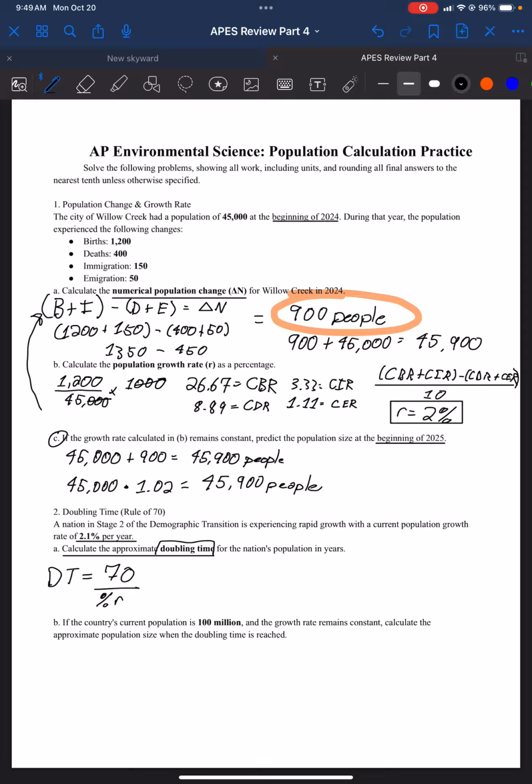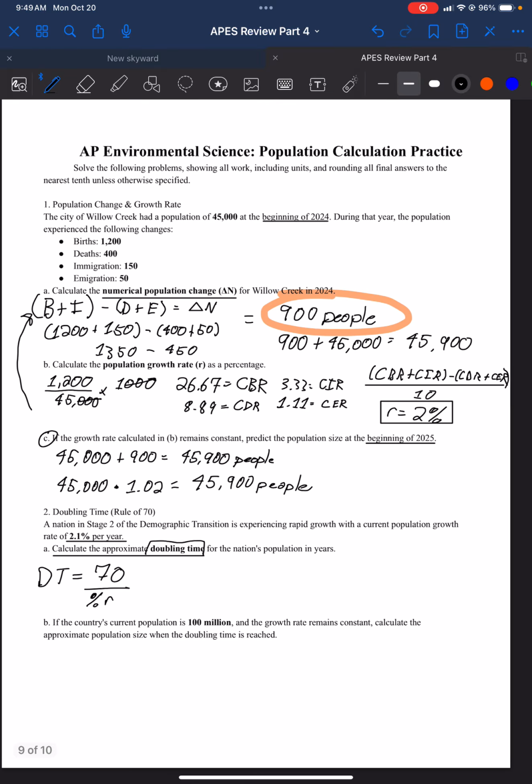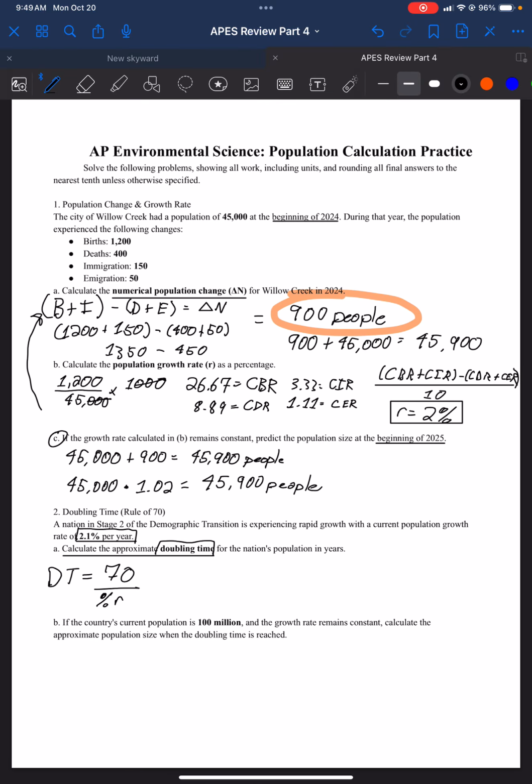So your R. Now, my R was 2.1%, so doubling time equals 70 divided by 2.1, and that equals 33.33 years. So about every 33 years is when my population's going to double.